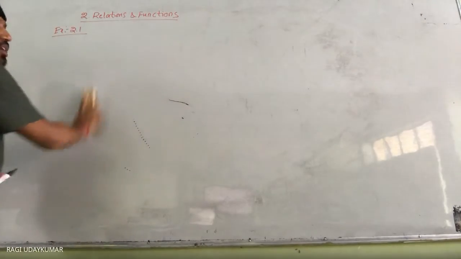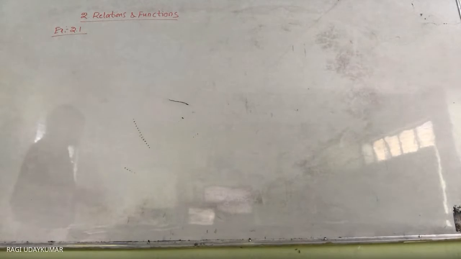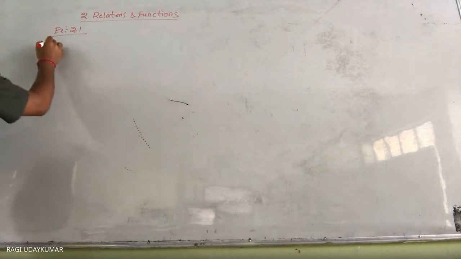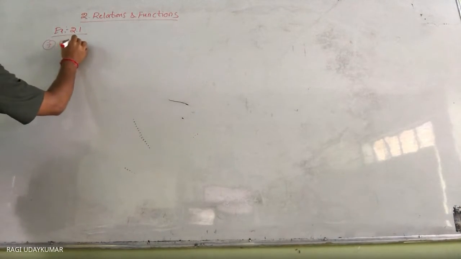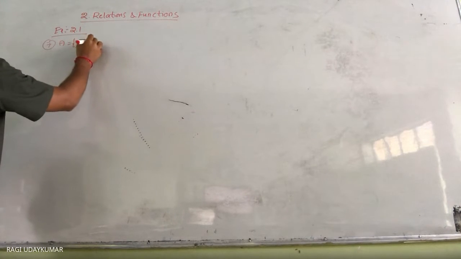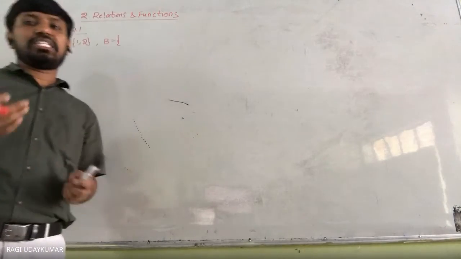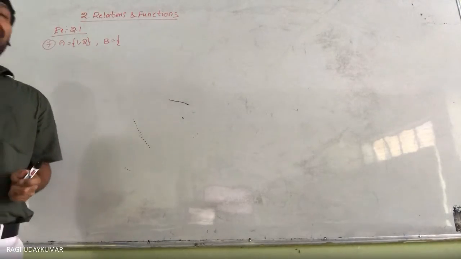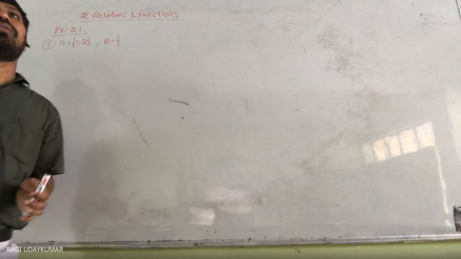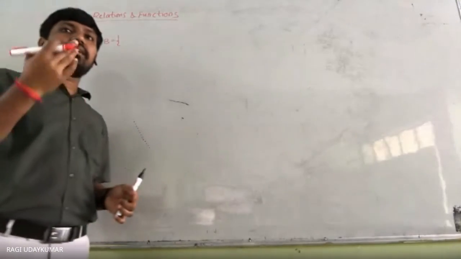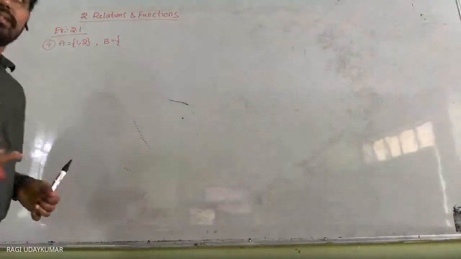Just now we have discussed. Distributive property over intersection. Distributive over union will be there, distributive over difference will be there. Here it is distributive over intersection, right?